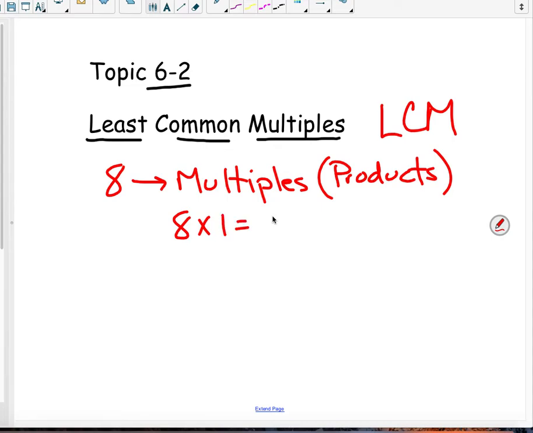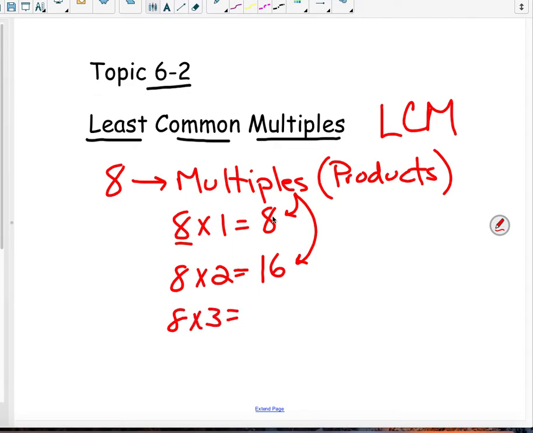In this case, it would be 8 times 1. 8 is a multiple of 8. Then 8 times 2, we would see that 16 is a multiple of 8. 8 times 3 would be 24. 24 is a multiple of 8.